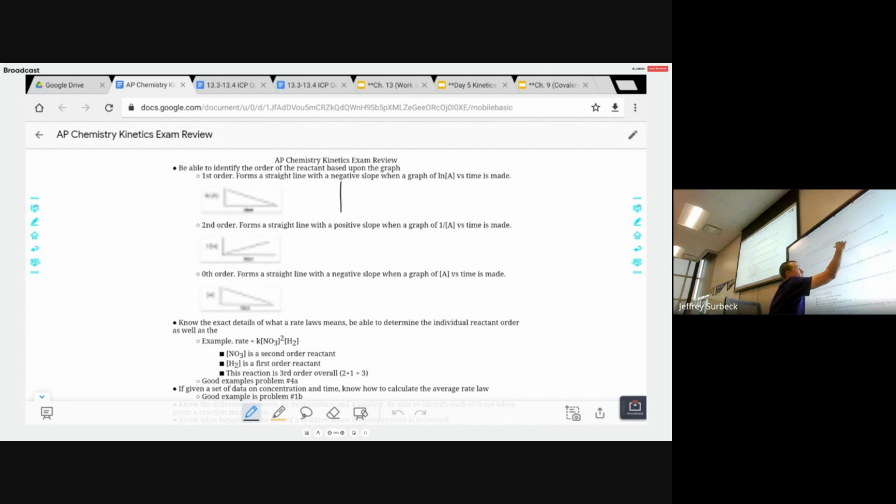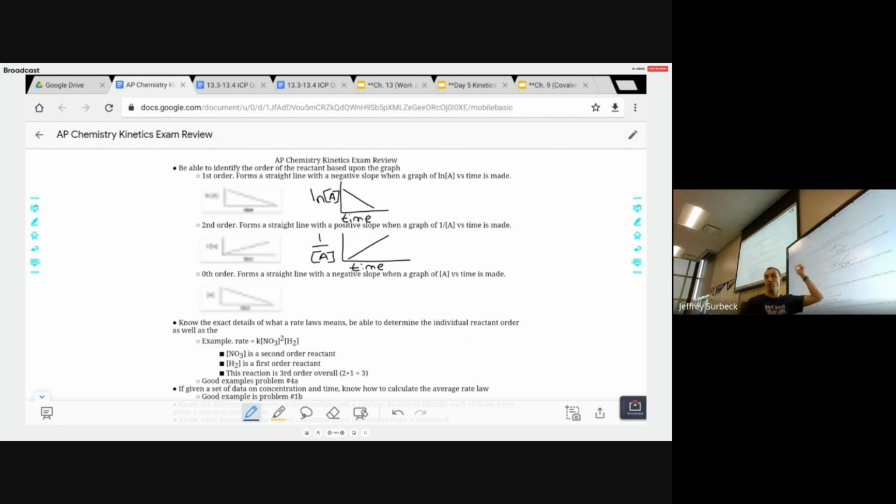It's going to have natural log of the concentration of generic substance A versus time, and it's going to be a negative slope, okay? Straight line, that's first order. Second order, you have 1 over the concentration of A versus time. This has a positive straight line slope that would look like that.